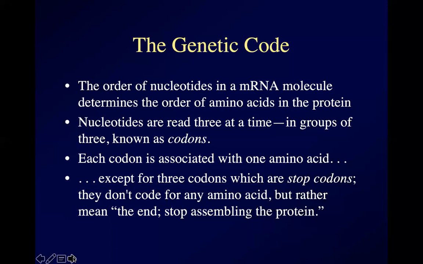And then of those 64, there are 3 codons that are called stop codons because they don't code for any amino acid. What they do is make the ribosome fall apart and stop assembling the protein. That's how the ribosome, quote, knows when to stop, is when it hits one of these stop codons.